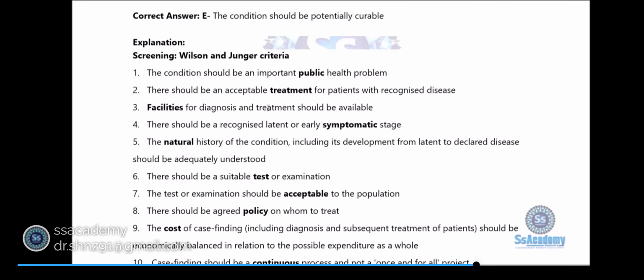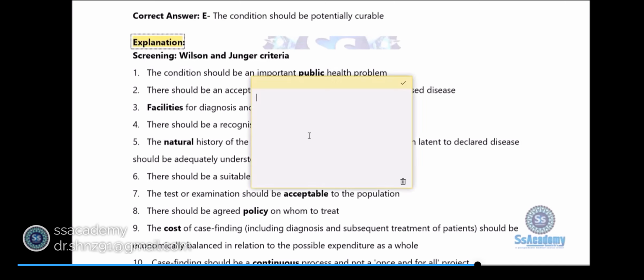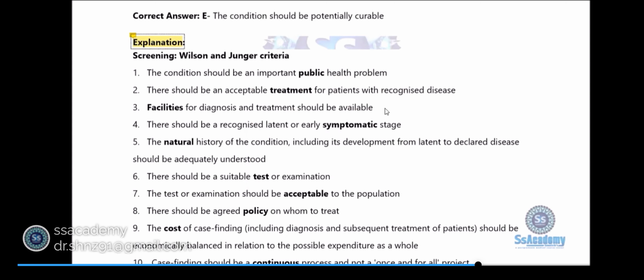So these are the words that you need to remember: public, treatment, facilities, symptomatic, natural, test, acceptable, policy, cost, continuous. You can make a box, my dear, so that will be helpful. I'm writing: public, treatment, facilities. Say with me: public treatment facilities.